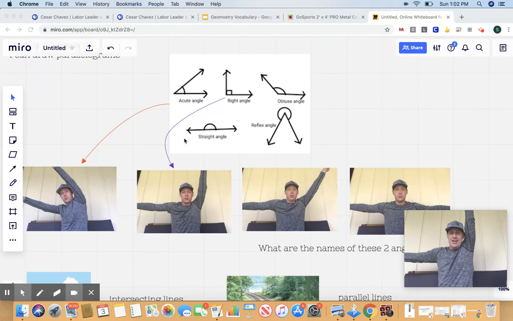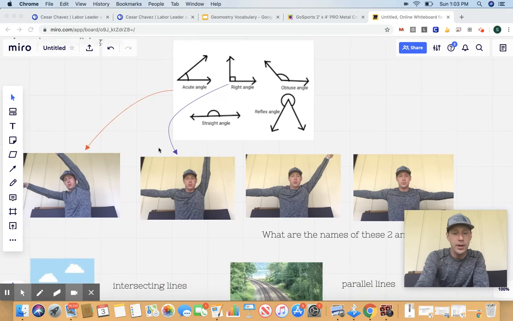If this is 90, well, this is half of this angle. So 90 plus another 90 equals 180. So this is a straight line angle. It's 180 degrees. 90, 180. 90, acute, obtuse. And those are the names of the angles.